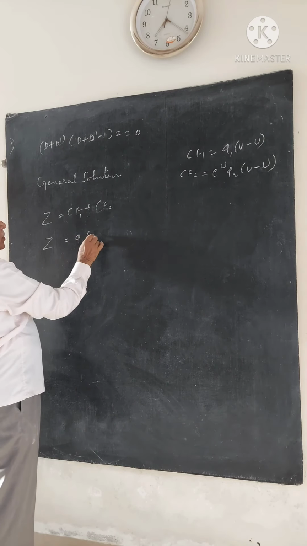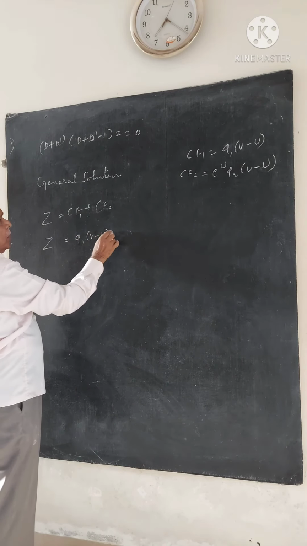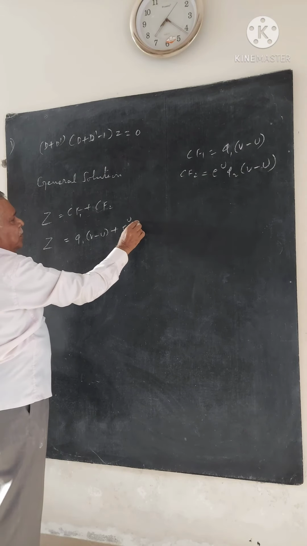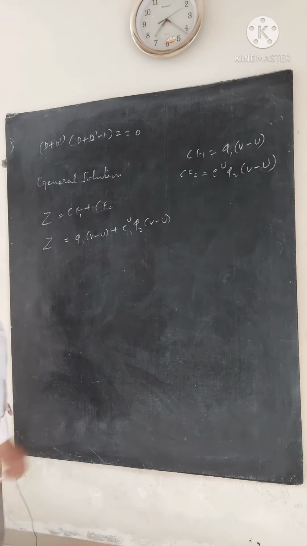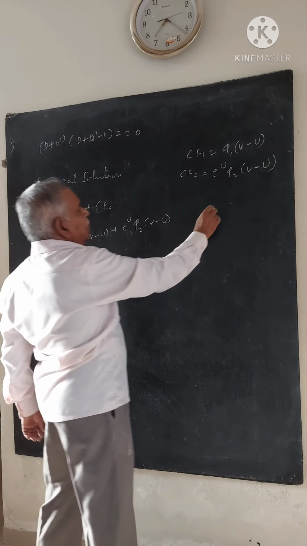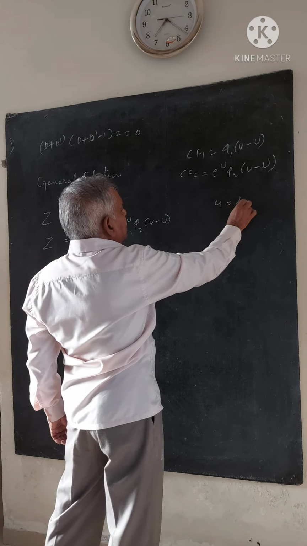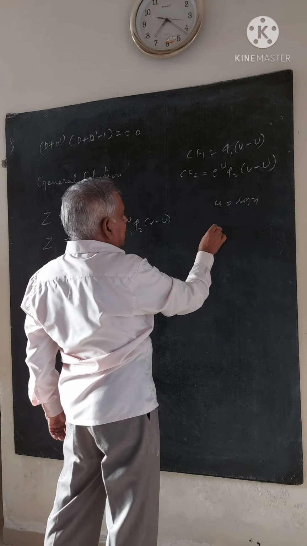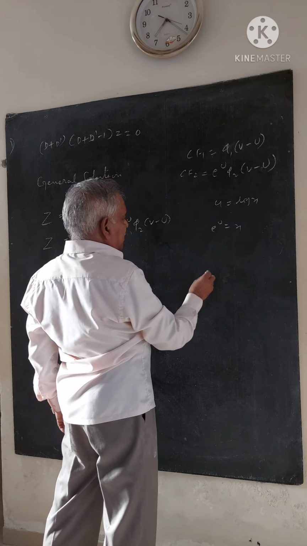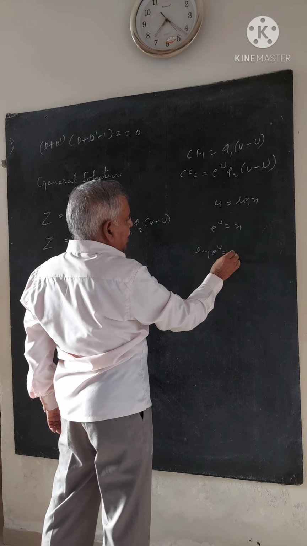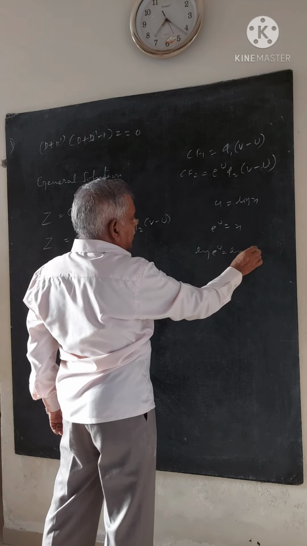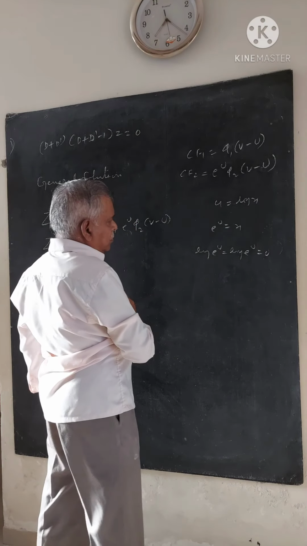So z = φ1(v − u) + e^u φ2(v − u). We know u equal to log x, so e^u equal to x.